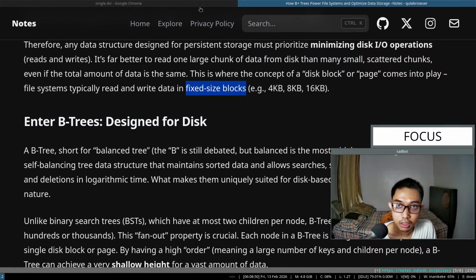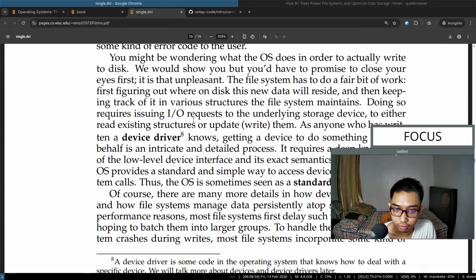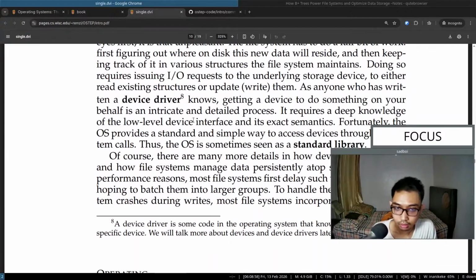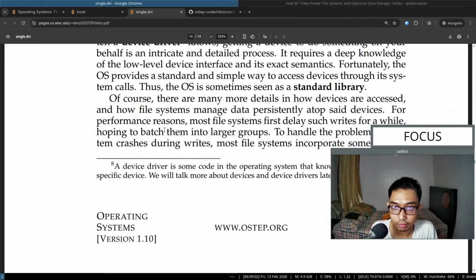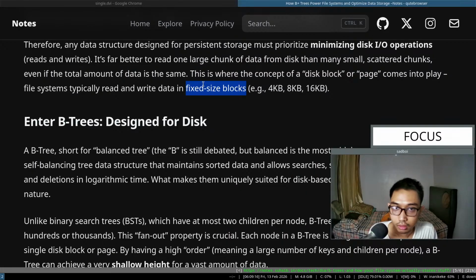So maybe this is what it means: we are slicing the data per bytes, right, with the fixed-size blocks.